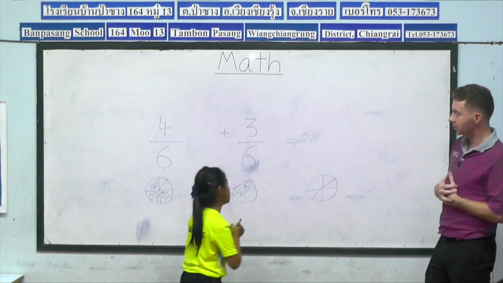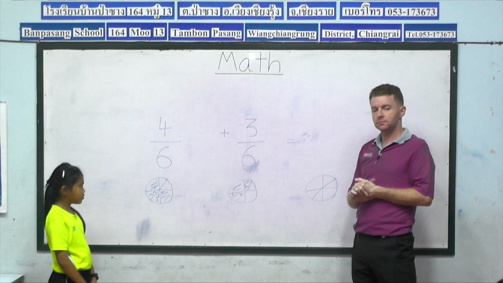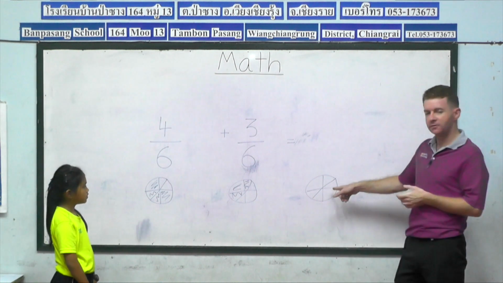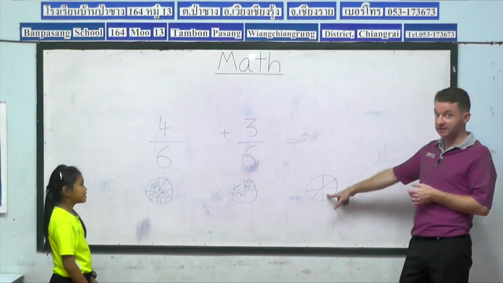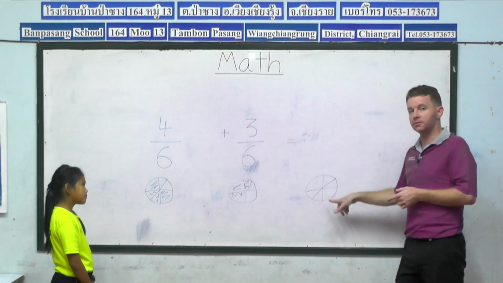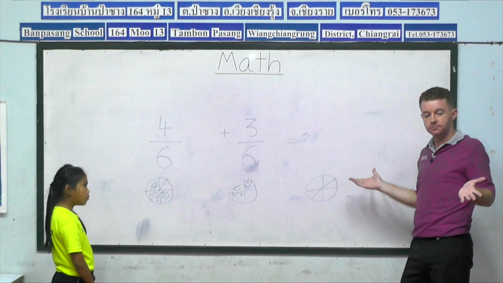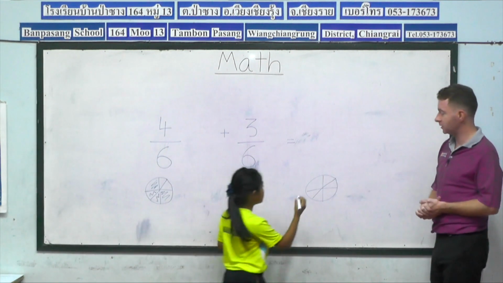Excellent, Pak Bung. 4 plus 3 equals 7. How many parts do we have? We have 6 parts. So now our answer is more than the parts of the circle. What do we need to do? First of all, let's colour in all 6 parts of our circle.